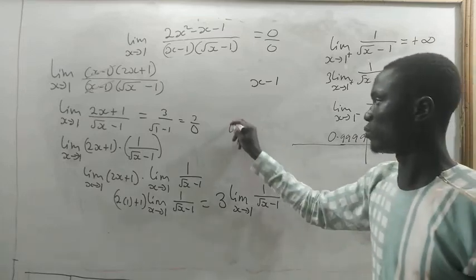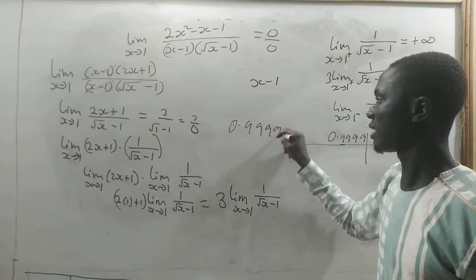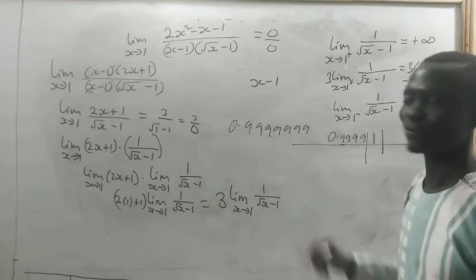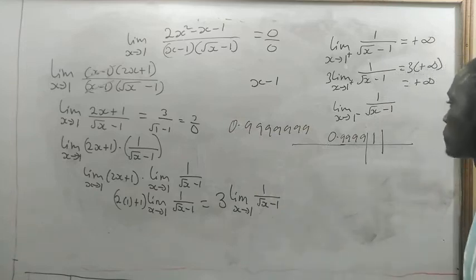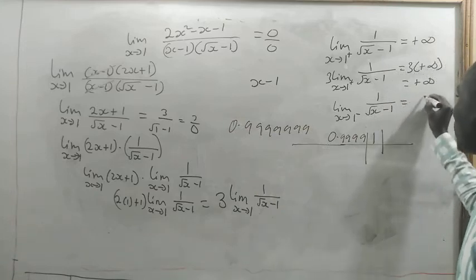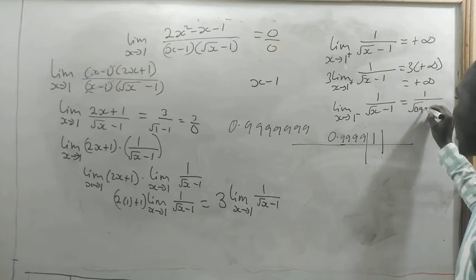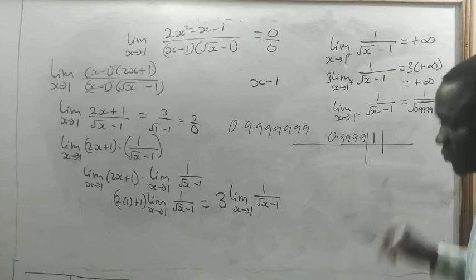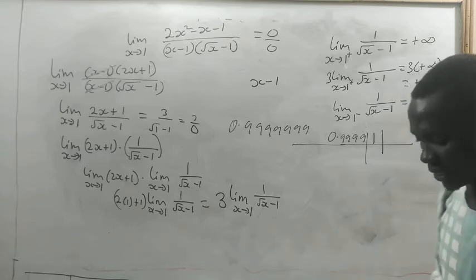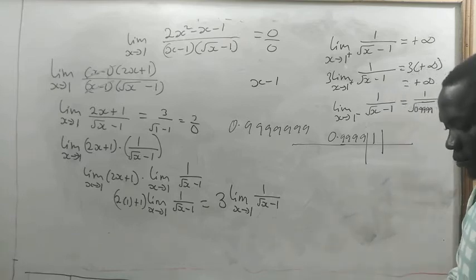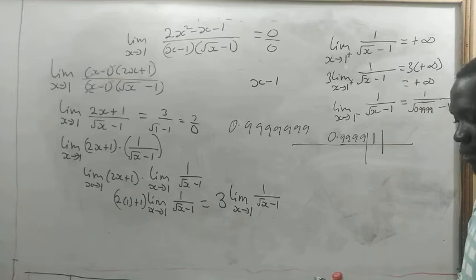You can take 0.999999, but I'm taking this. So here we take 1 divided by square root of 0.9999 minus 1. Let's see what we're going to get. So 1 divided by square root of 0. Wow!